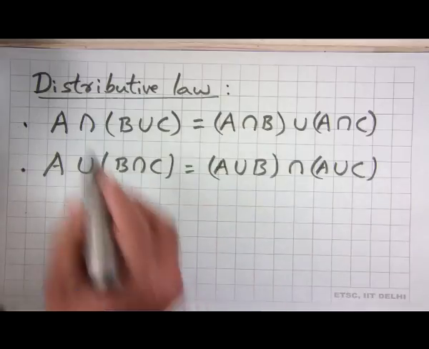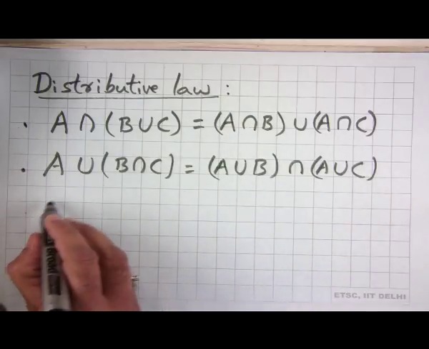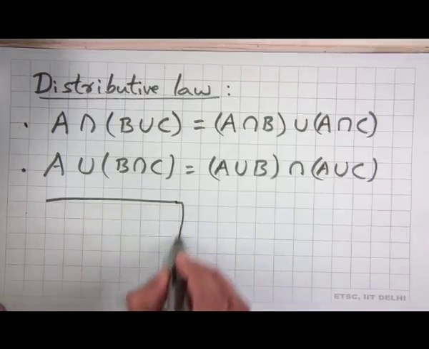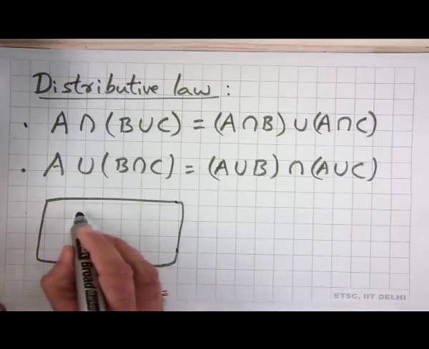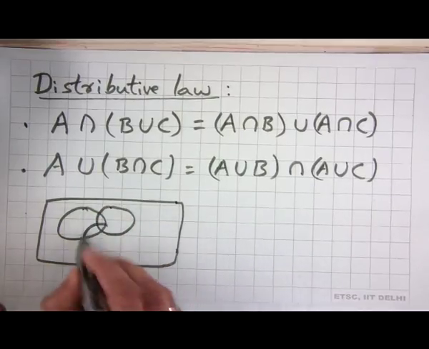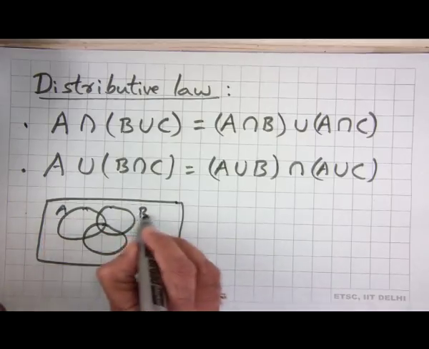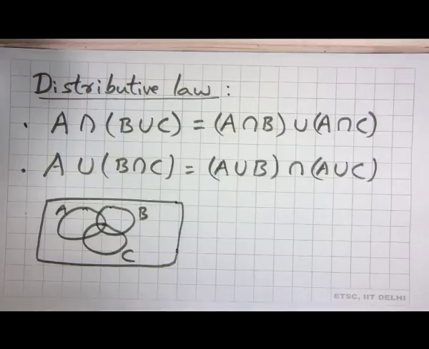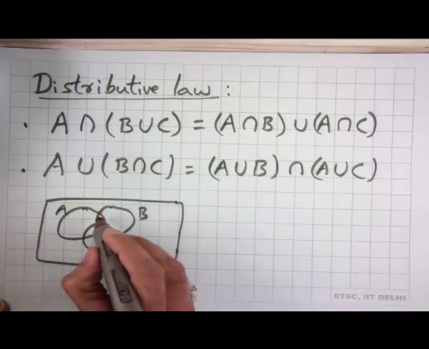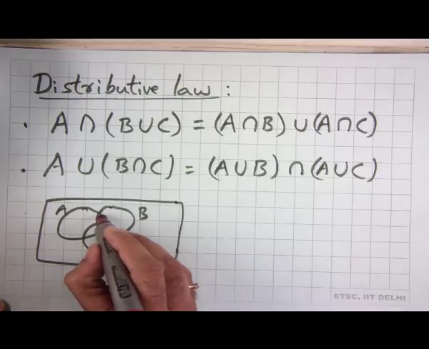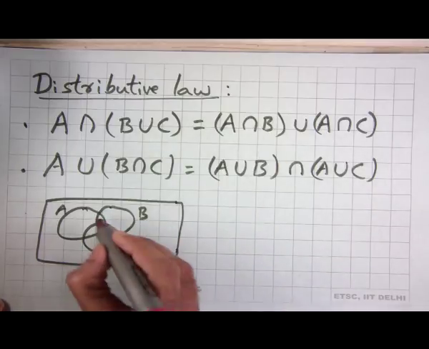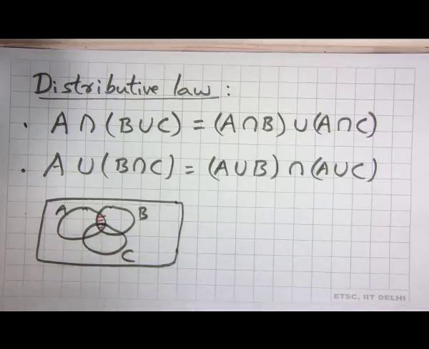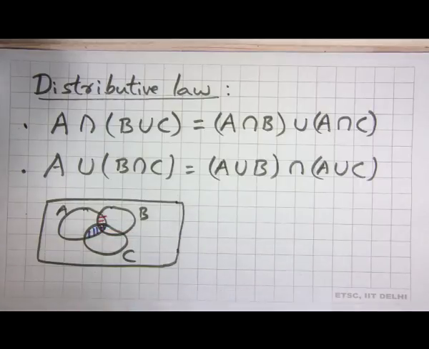Let me explain the first one by using a Venn diagram. If A, B and C are 3 sets, then A intersected with B is denoted by this red part, and A intersected with C is this part.